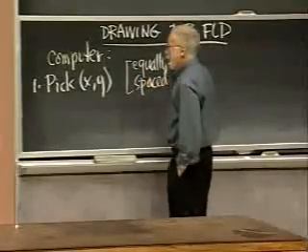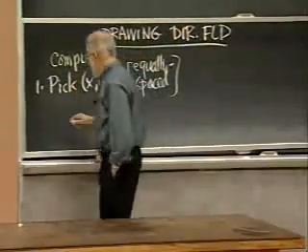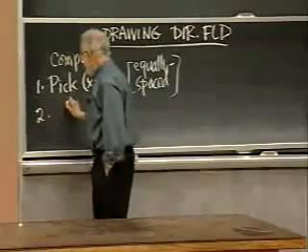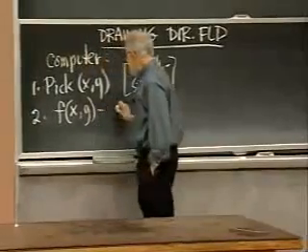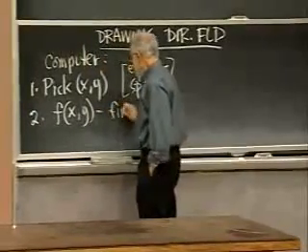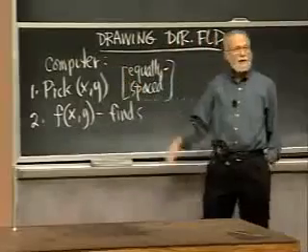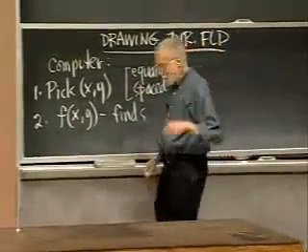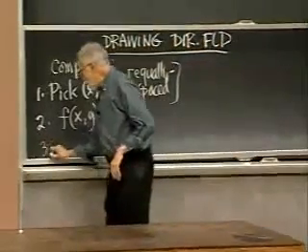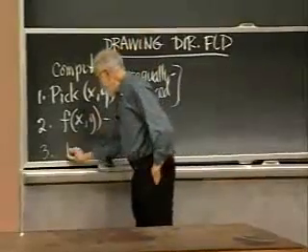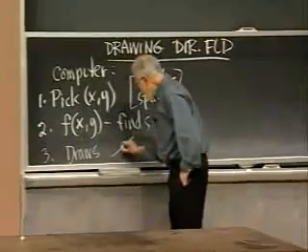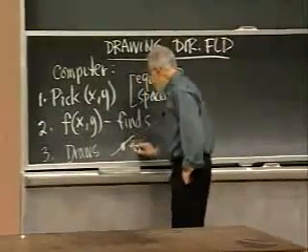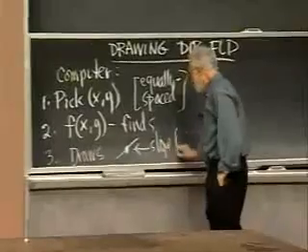And at each point, it computes f of x, y at the point, that is, it computes the value of that function. And the next thing is, on the screen, it draws at x, y the little line element having slope f of x, y.